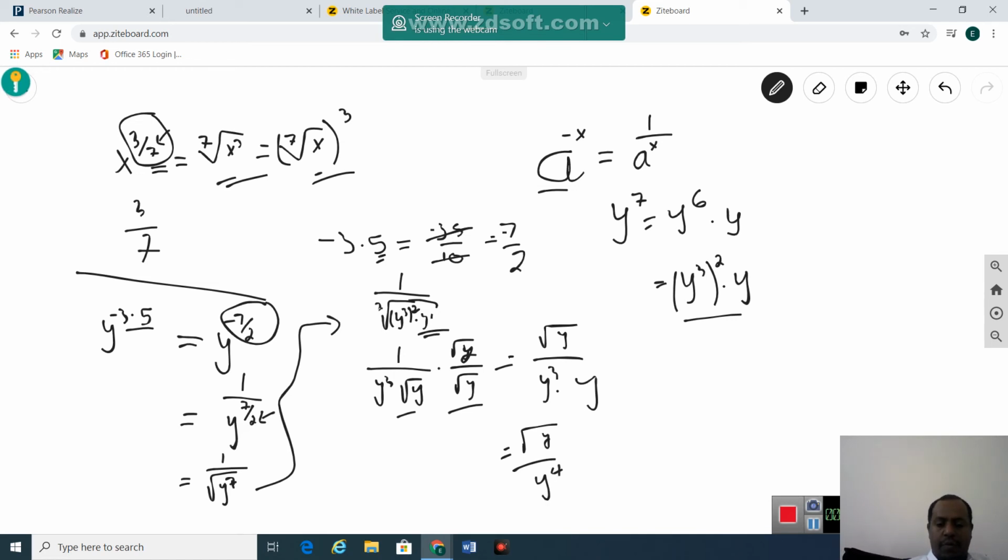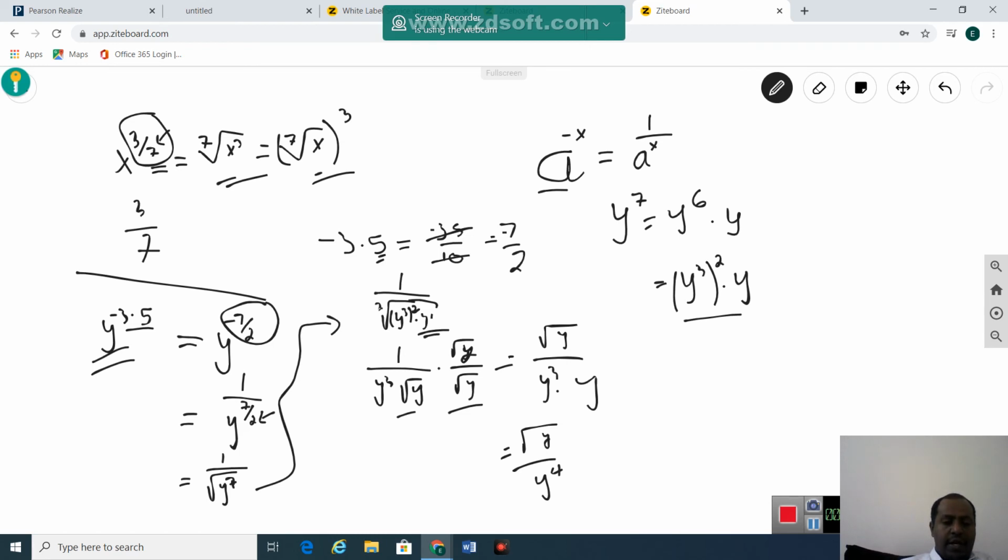So this is problem 2, part B. Let me summarize what I did here. The question is to rewrite y to the power of negative 3.5 in radical form. The first thing I did was change negative 3.5 to a rational expression, which is negative 7 over 2.